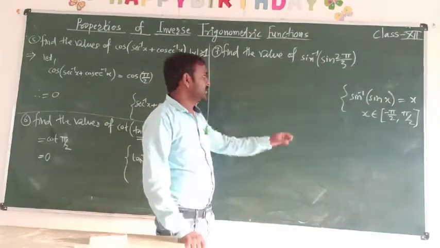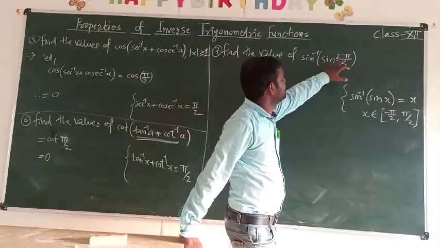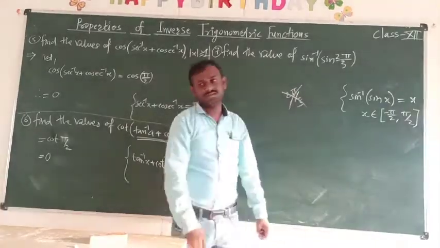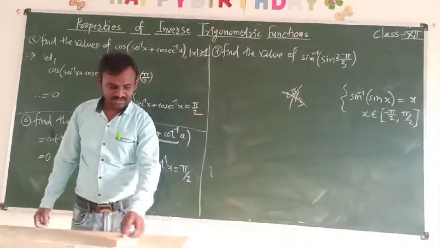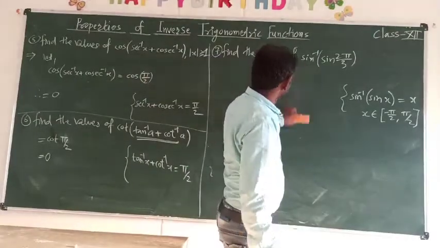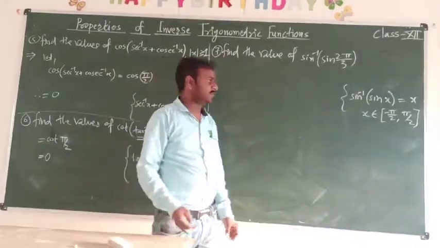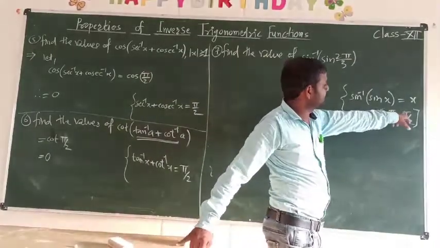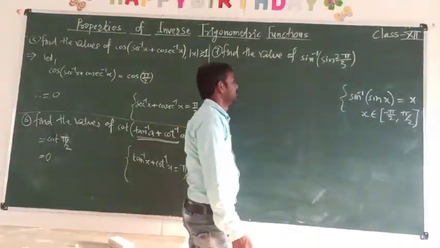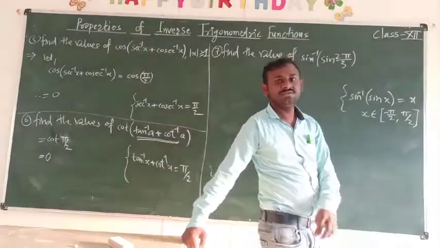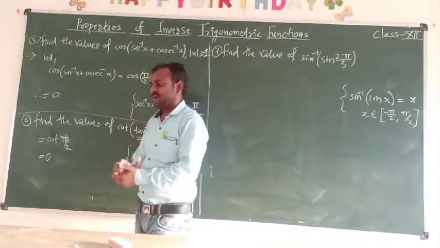Here we can't write sin inverse of sin 2 pi by 3 is equal to only 2 pi by 3. This is wrong, because by property the sine inverse function has range minus pi by 2 to plus pi by 2, and 2 pi by 3 does not belong to minus pi by 2 to plus pi by 2.